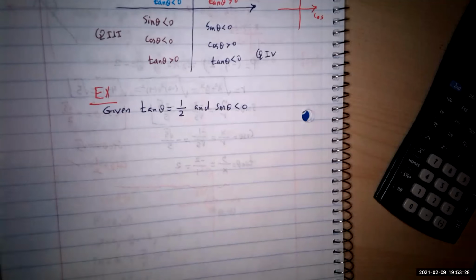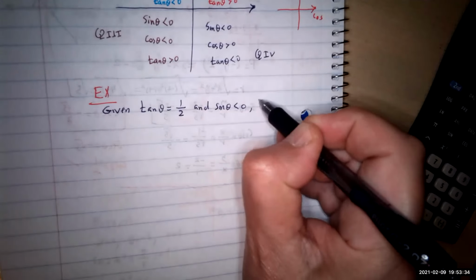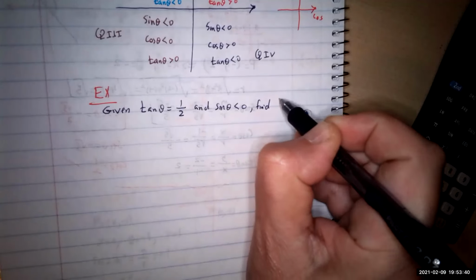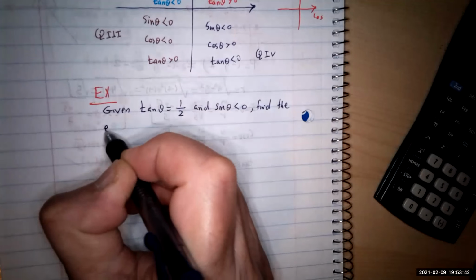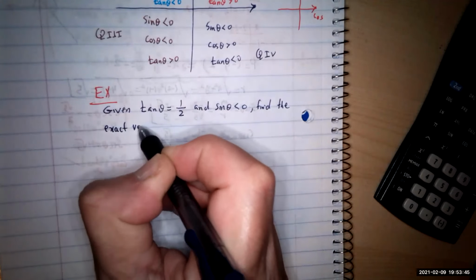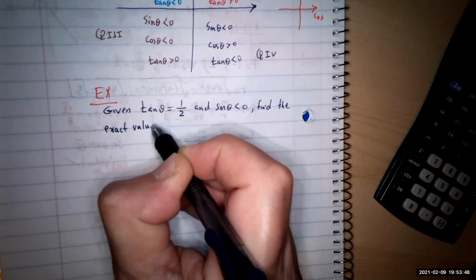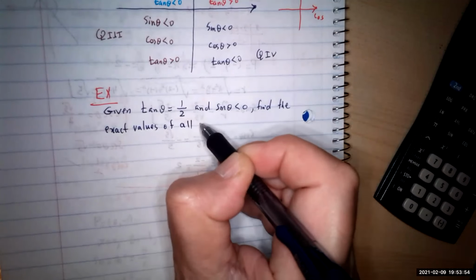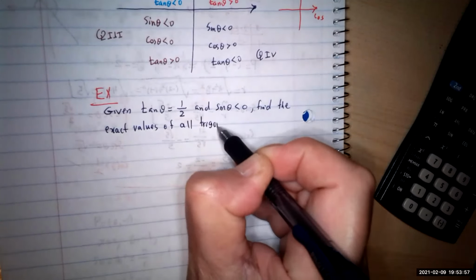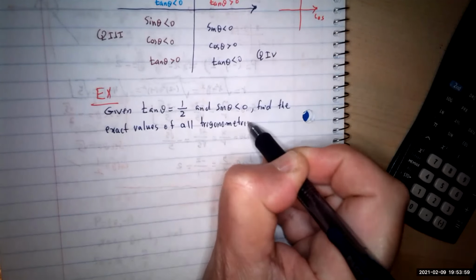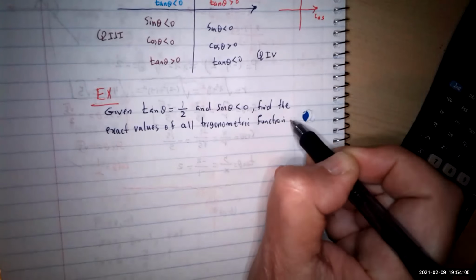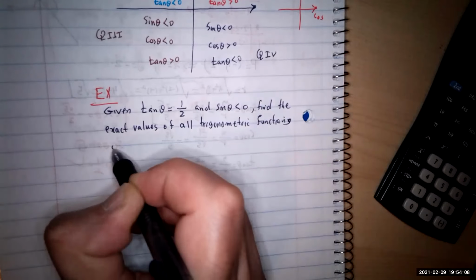I would like you to find the exact values of all trigonometric functions of theta.